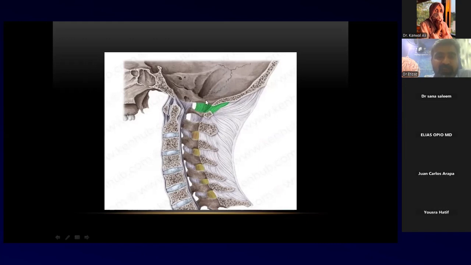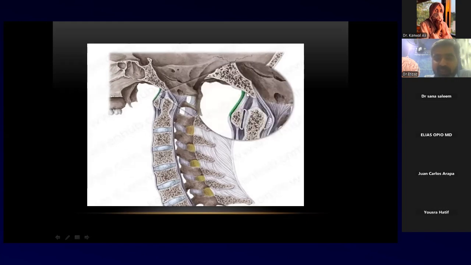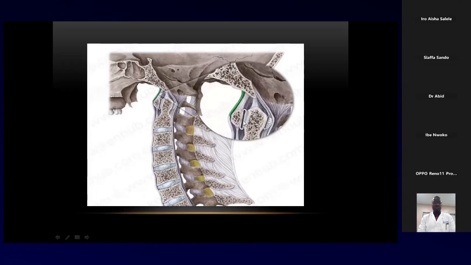First is the posterior atlanto-occipital membrane. You can see here, look at here. That is attached posteriorly to the C1 arch and occiput. And the second is the anterior atlanto-occipital membrane, that is attached anteriorly to the anterior arch of the C1 and then the clivus. These two important ligaments are there.